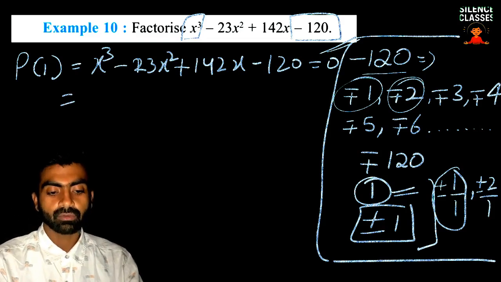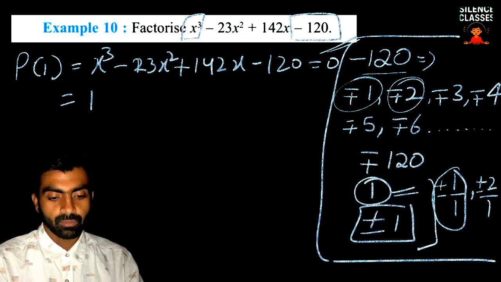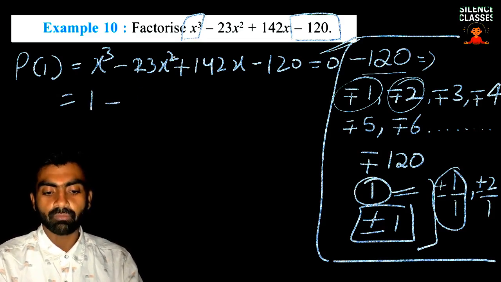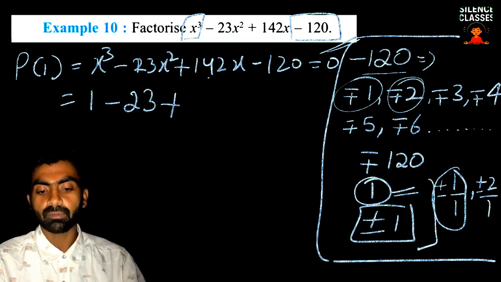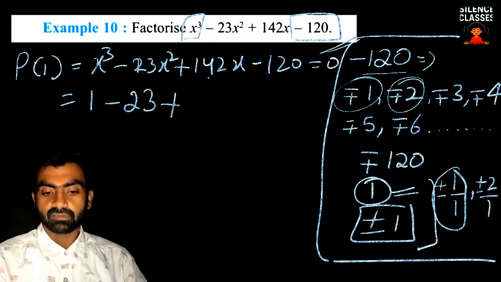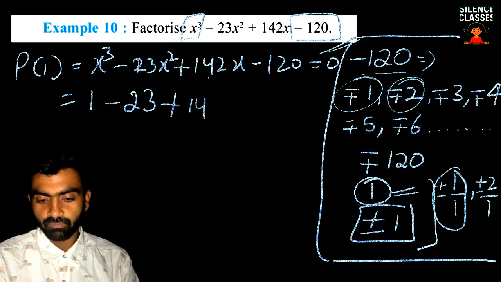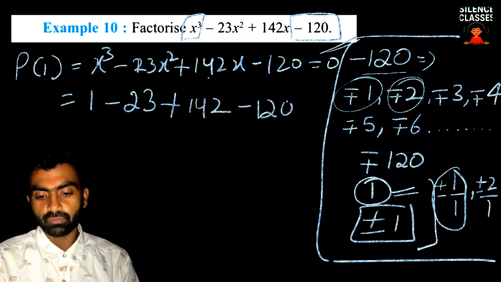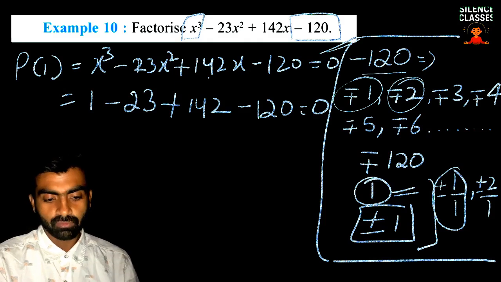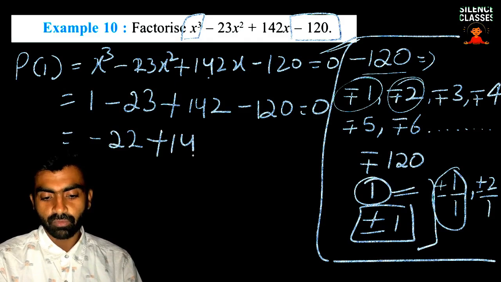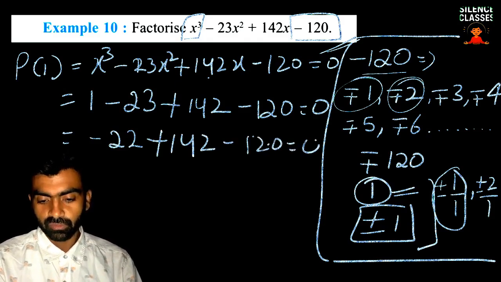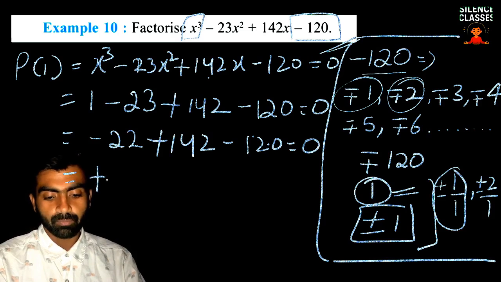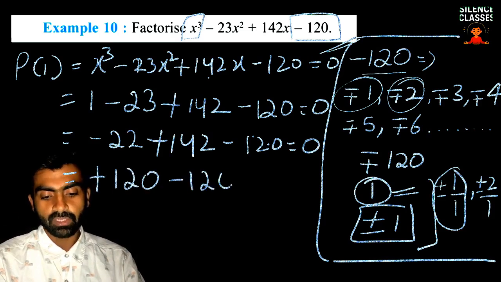So 1 cube is equal to 1, minus 23 multiplied by 1 square, which will be 23 only, plus 142 multiplied by 1, which will be 142, minus 120 is equal to 0. So it will become 1 minus 23 plus 142 minus 120 is equal to 0.